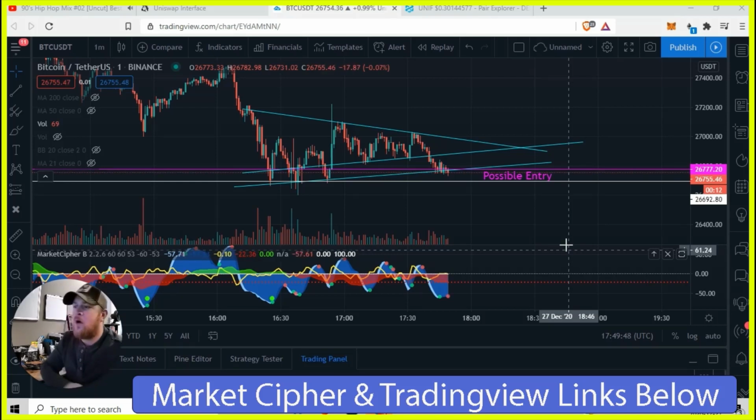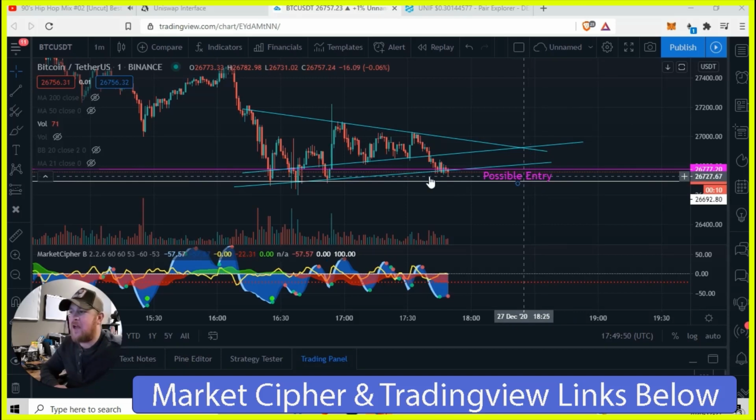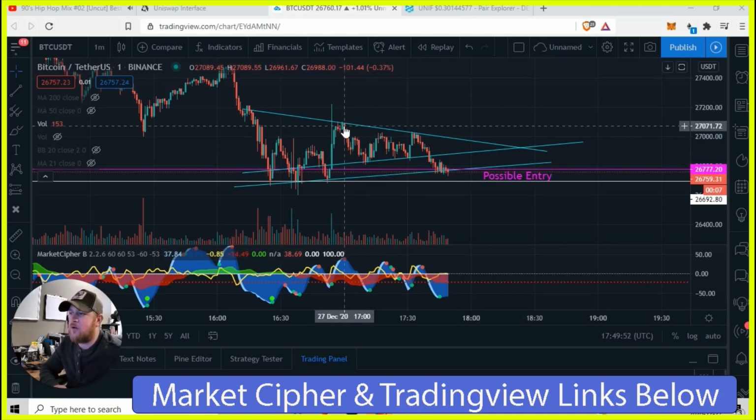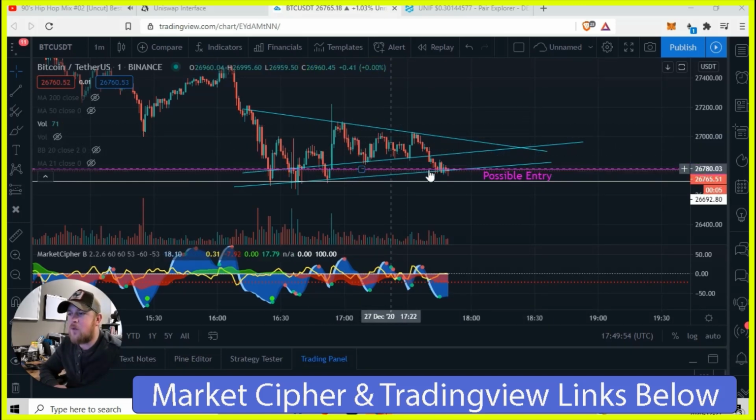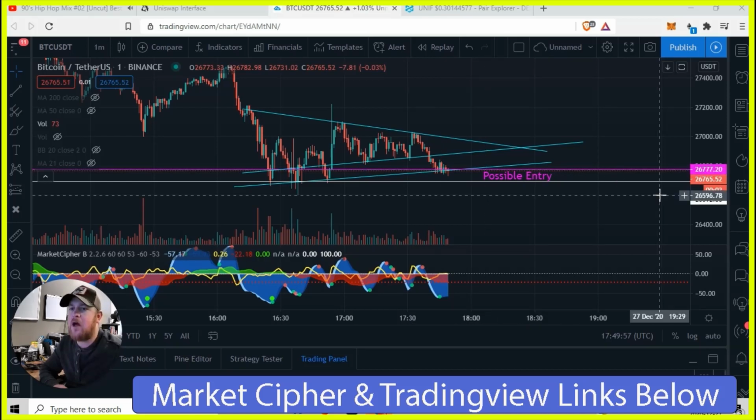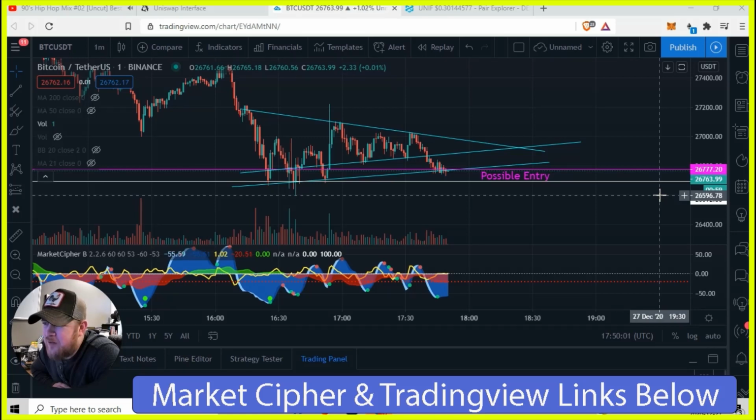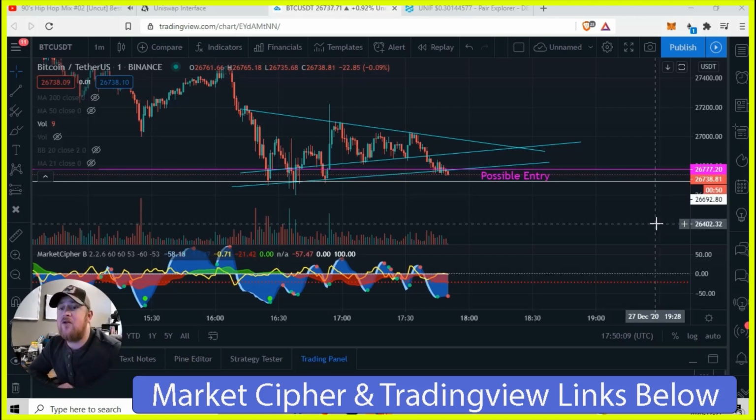So I marked this possible entry when it was up here after it rejected off there. I had my buy order set at 26779, I believe, and I entered a little early too, dollar cost averaging in. Okay, so if we're taking a look at this, I'm expecting a bounce off of that 26692 level.